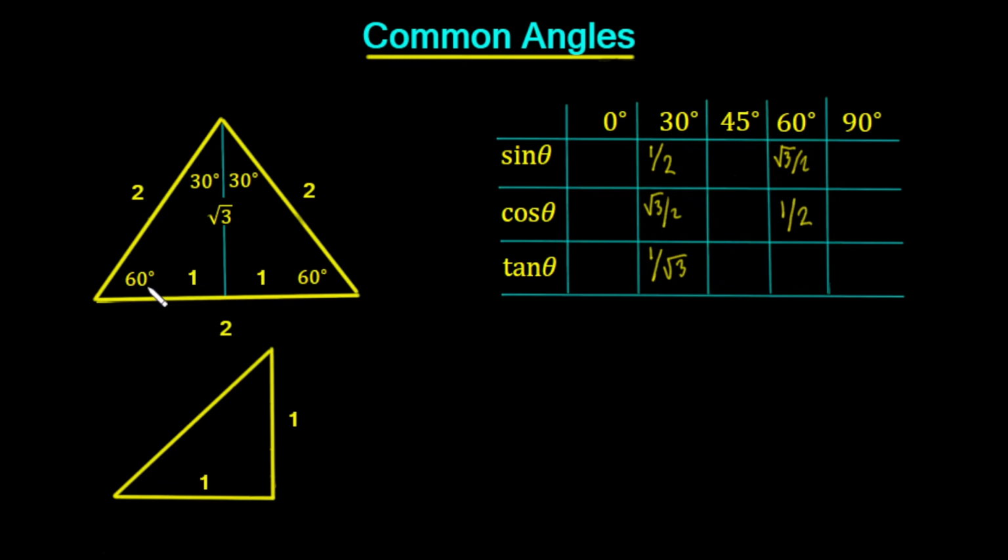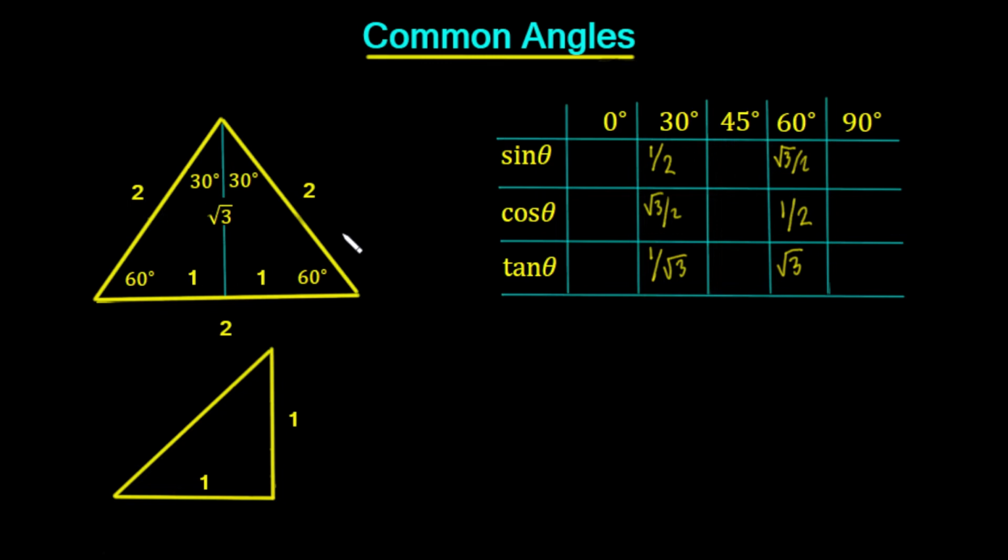Now for 60 degrees, the opposite is going to be root 3, and the adjacent is going to be a value of 1. So that's root 3 upon 1, which is just root 3. So that's us got the values for our 30 degrees and our 60 degrees.